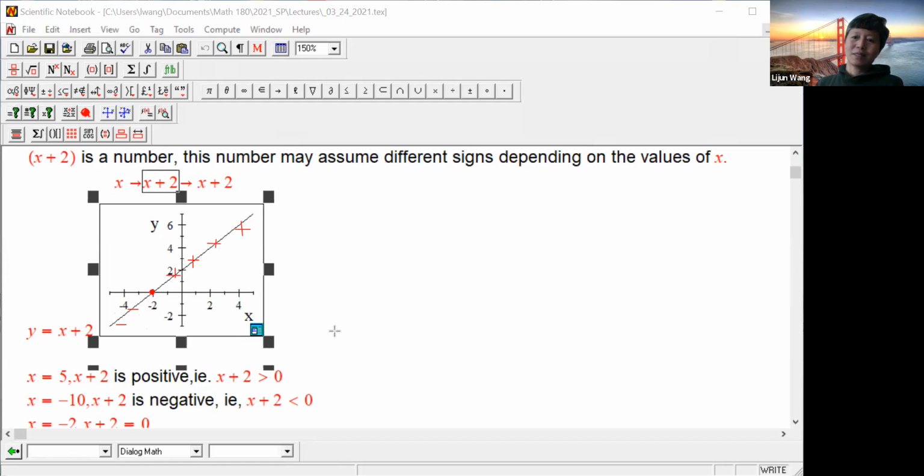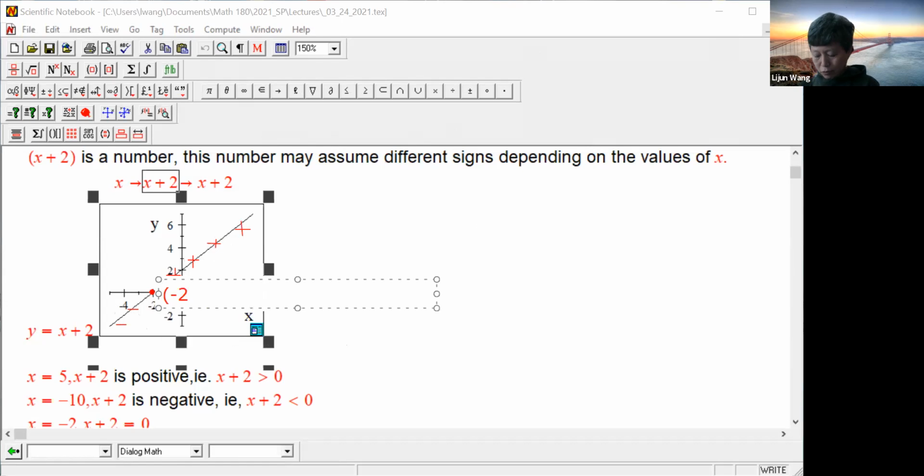You see, they're all consistent. And at -2, what happens? Input is -2, the output is 0. So that's why we make the claim that x plus 2 changes sign at -2. You either go upwards or you go downwards, and x plus 2 changes sign at -2.